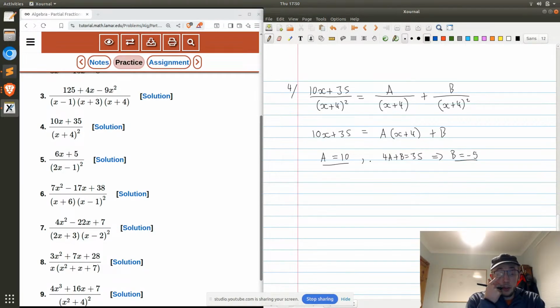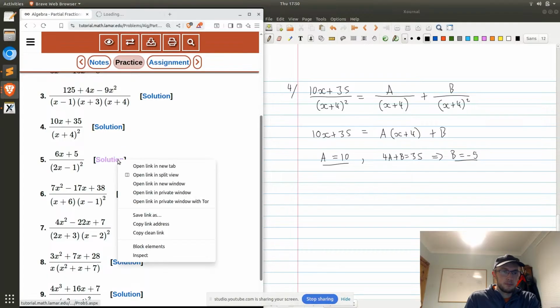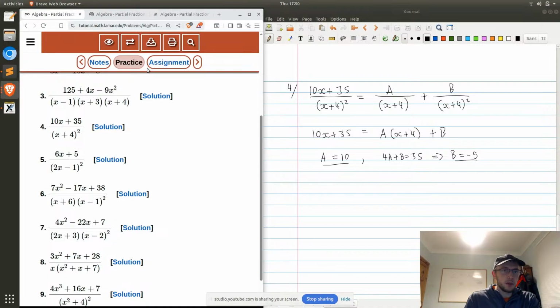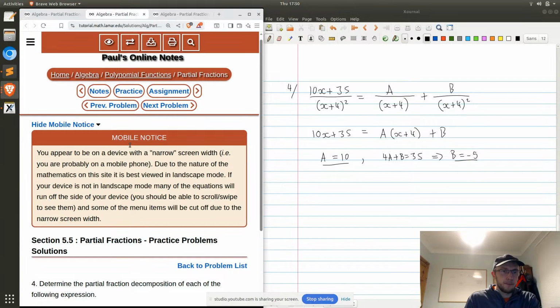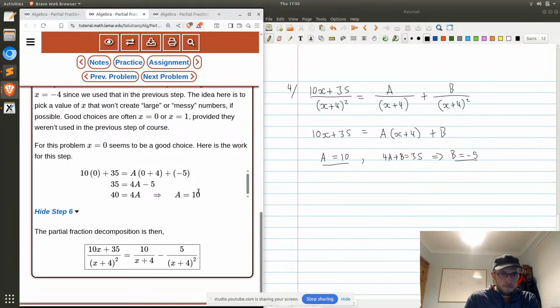Put those in the right spot, I should get the right answer. So let's check it out. And then afterwards, we'll do problem 5 right here. Okay, so that's correct and that's good.